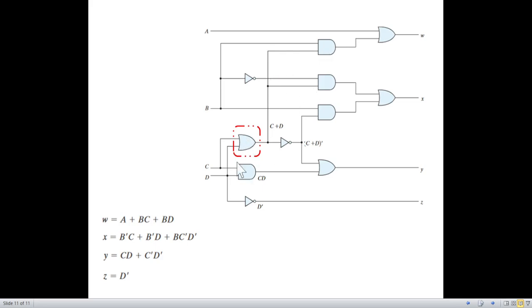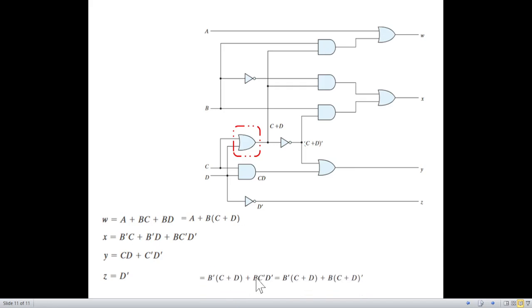So one gate actually used at 3 places, and that is minimizing. Now, how do you use this? So from the first one, we just take common B, so it is C plus D. So that can be used for W. You can see C plus D is feeding here.